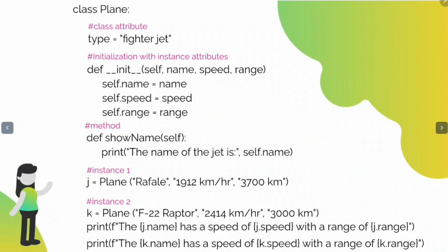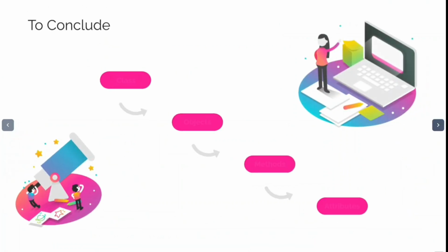Let's continue on our working program. In this program, the class plane has the method showName. The showName method prints the name of the jet. We have added another instance to this class. To obtain the outputs, a print statement is used. In the print statement, we have j.name, j.speed, and j.range to fetch the values of the instance.